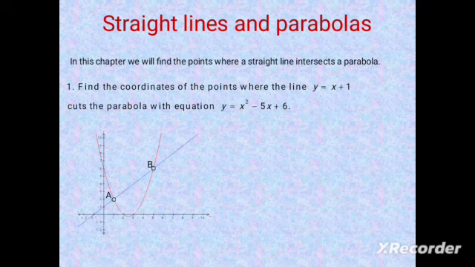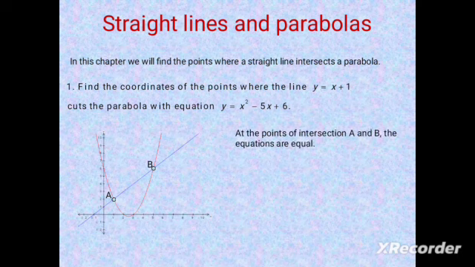And now the solution for this quadratic equation will be the values of x on the x-axis where the curve and the straight line, the linear equation, are meeting. So at the points of intersection A and B, the equations are equal.